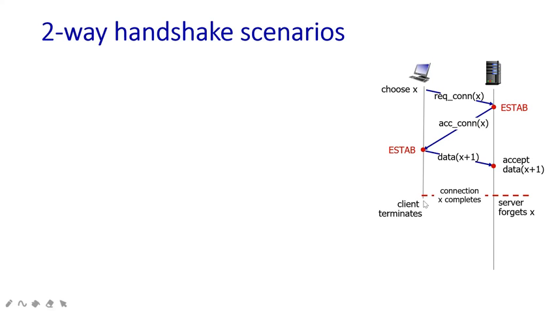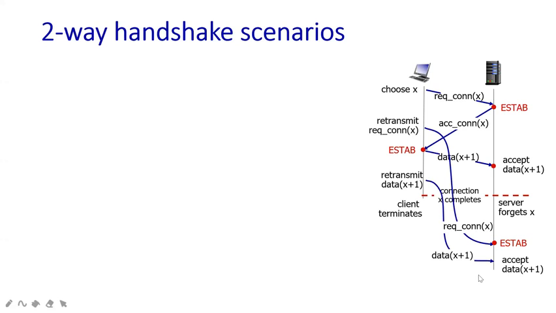So if the client terminates, then the connection will get closed. And also the server will forget which client it was connected to. So if it retransmits the request connection, again what will happen? If it is asking for retransmission of the request connection, then definitely it has to retransmit the X plus 1 data also.